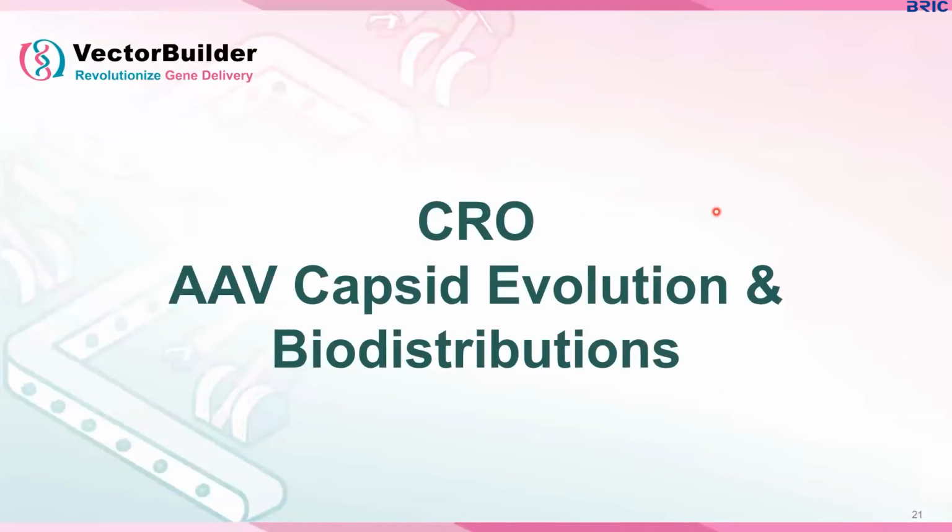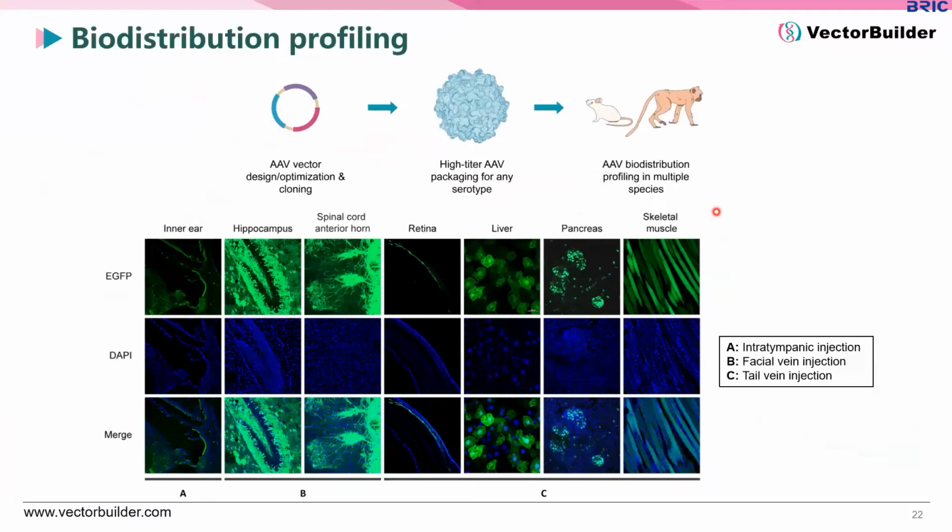Next, let me expand a little bit into CRO, which is Contracted Research Organization. We provide capsid evolution, biodistribution, and as well as promoter engineering. First, let me talk about biodistribution profiling.